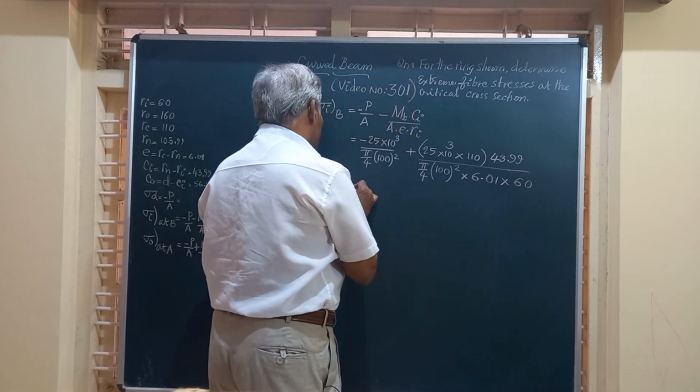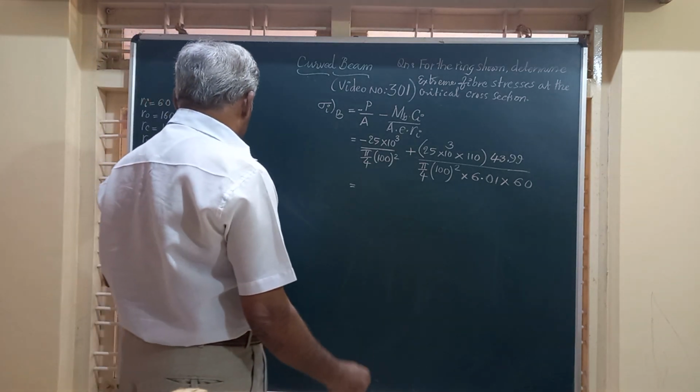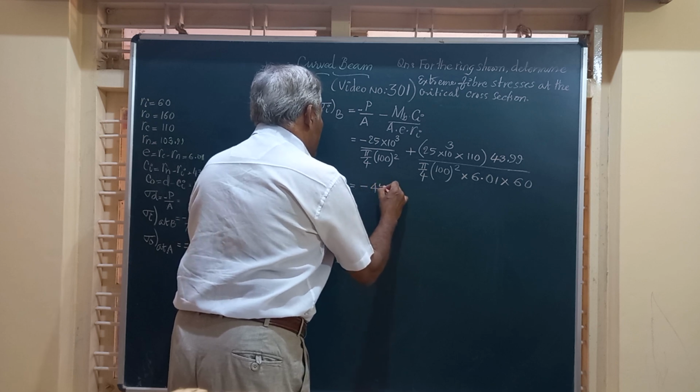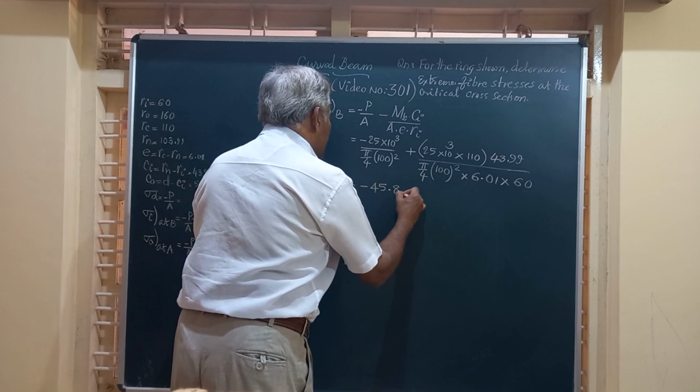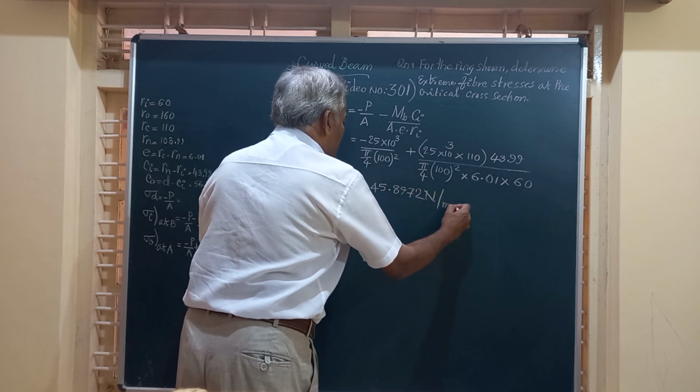Friends, if you simplify this, you get this value as minus 45.8972 Newton per mm square.